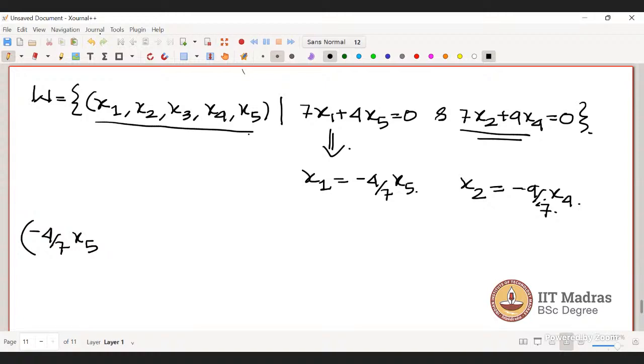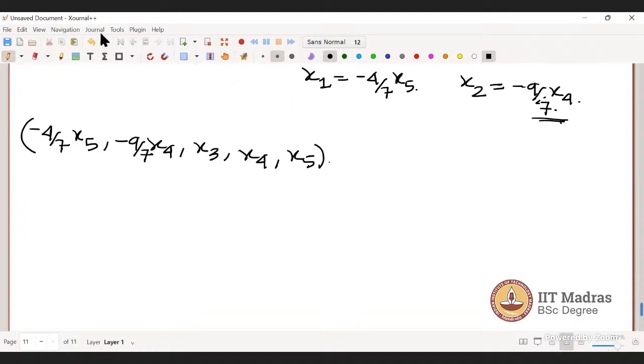So this is minus 4 by 7 x5, and instead of x2, I can write x4, right? Then I don't have any other relation. I don't have any relation of x3 with the other variables. So I'll write x3, and I have x4, x5, right? So this should be a general element of this vector space W, right?